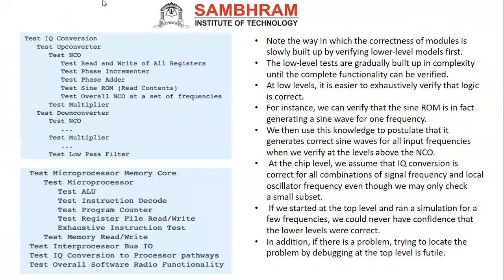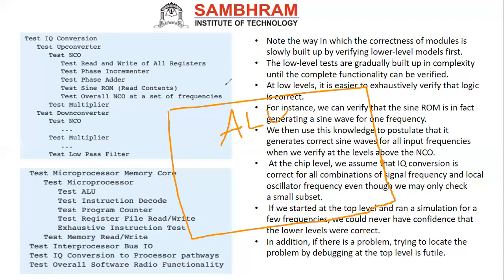See here, I'll show a simple example of how it is done. Say you have a system with an ALU. The example I'm taking is a data path, meaning ALU plus shifter.